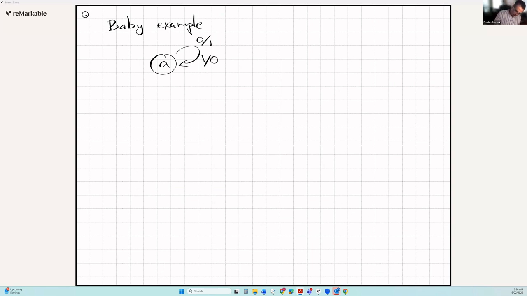Right? So let's call this A. So it's just one state, and two letters. So here Q is equal to {A}, X is equal to {0, 1}, right? And delta and lambda are defined from this diagram.